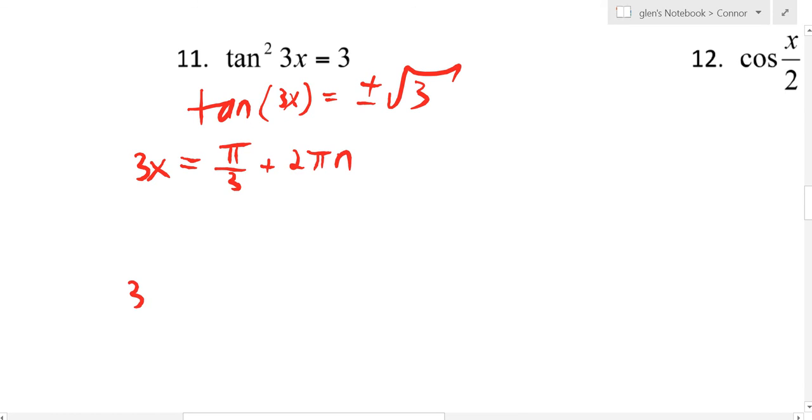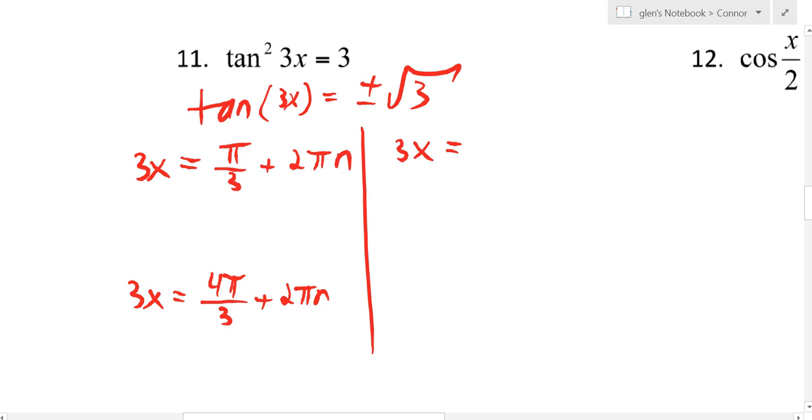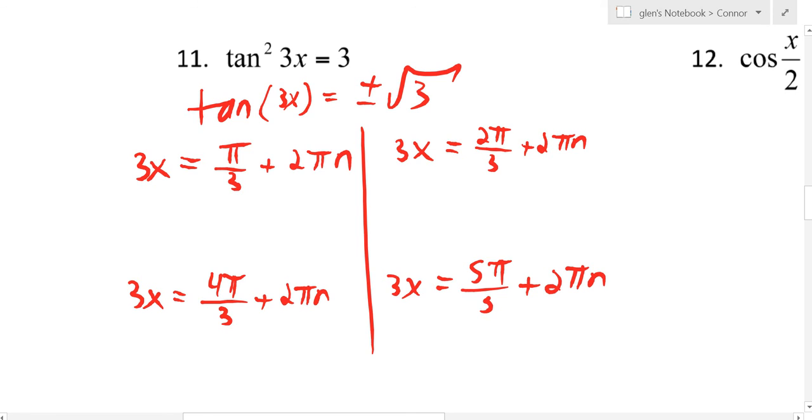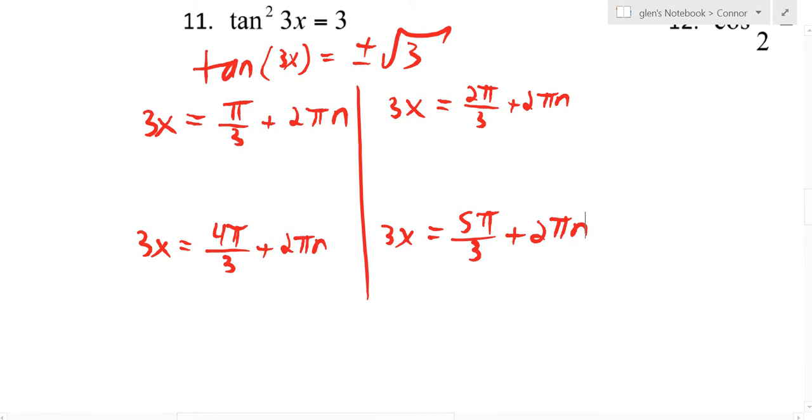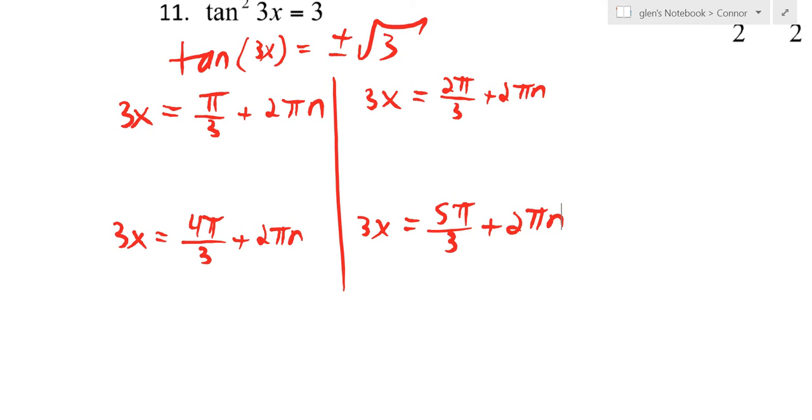It's going to be positive again in the third quadrant, which would be 4 pi over 3 plus 2 pi n. It's going to equal negative root 3 in the second quadrant, so that's 2 pi over 3 plus 2 pi n, and again in the fourth, which is 5 pi over 3, plus 2 pi n.